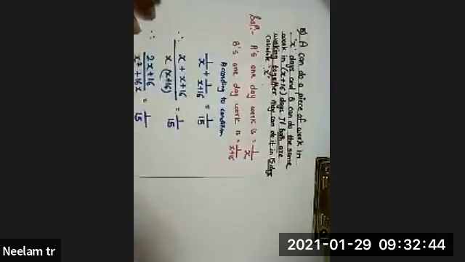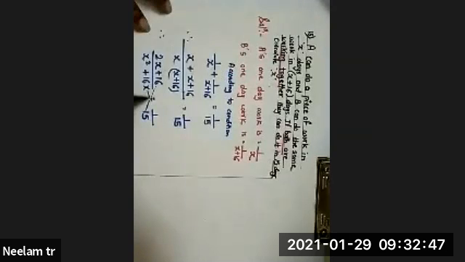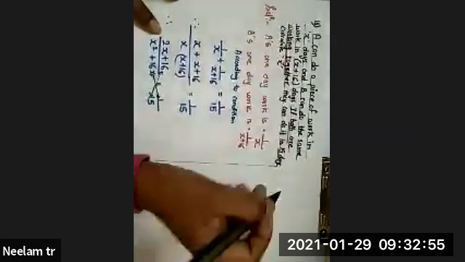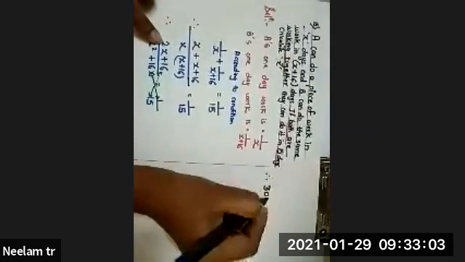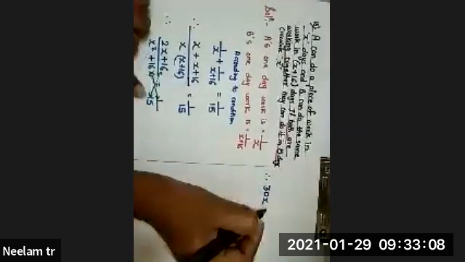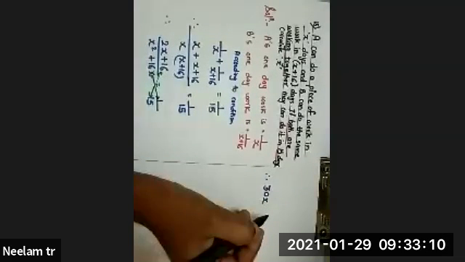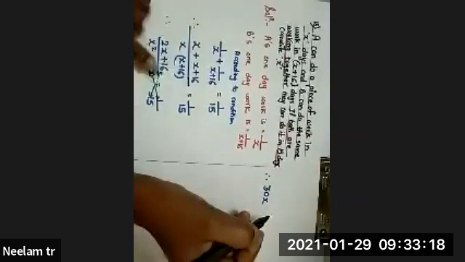Now, cross multiply it. What you do? Cross multiply करते हैं कैसे? ऐसे cross multiply करते हैं 15 को 2, 15 twos are 30 x plus 15 into 16. 15 into 16, what value you will get? 15 into 16 means 240.